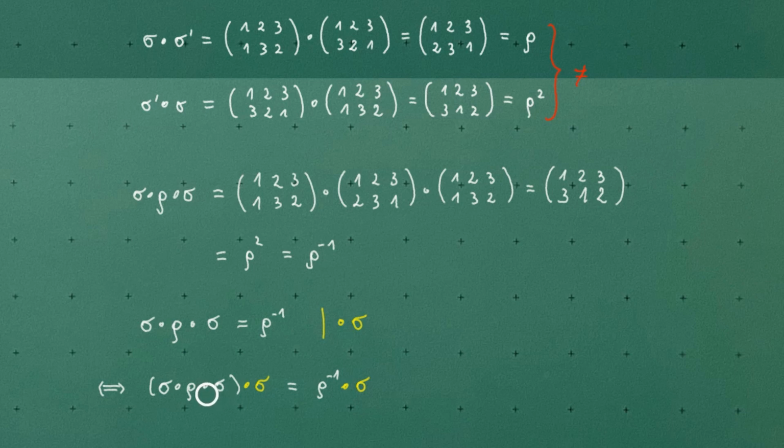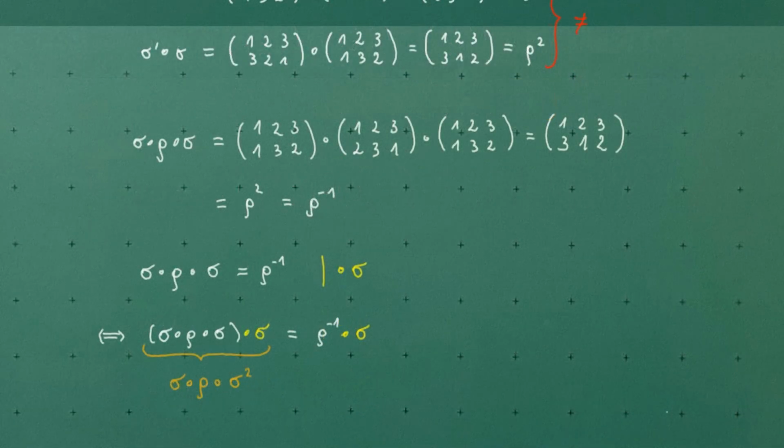So here we have this, and now is the first time that we actually use associativity of composition, meaning we can drop these parentheses here, because associativity tells us it's not important in which order we compose, in the sense that we could do this, then that, or we could compose here first and then with that.